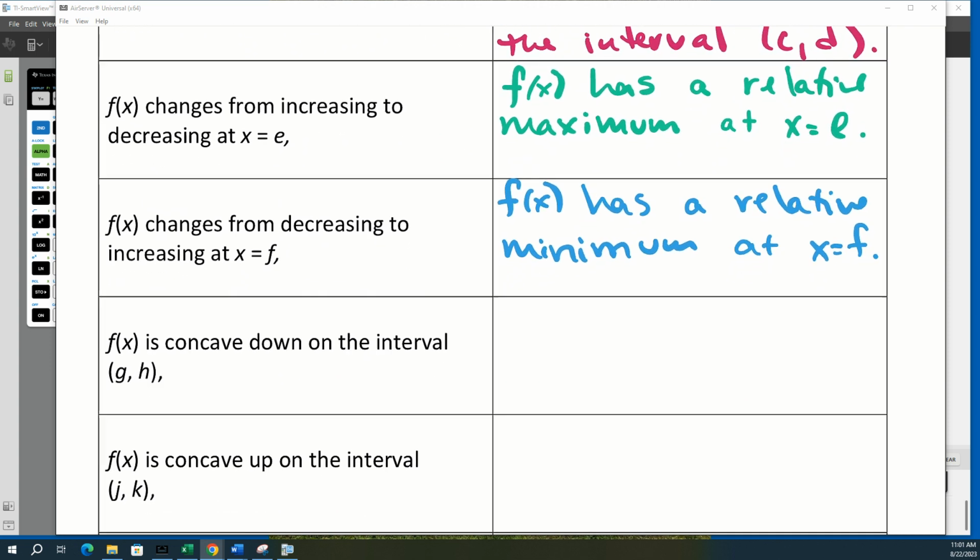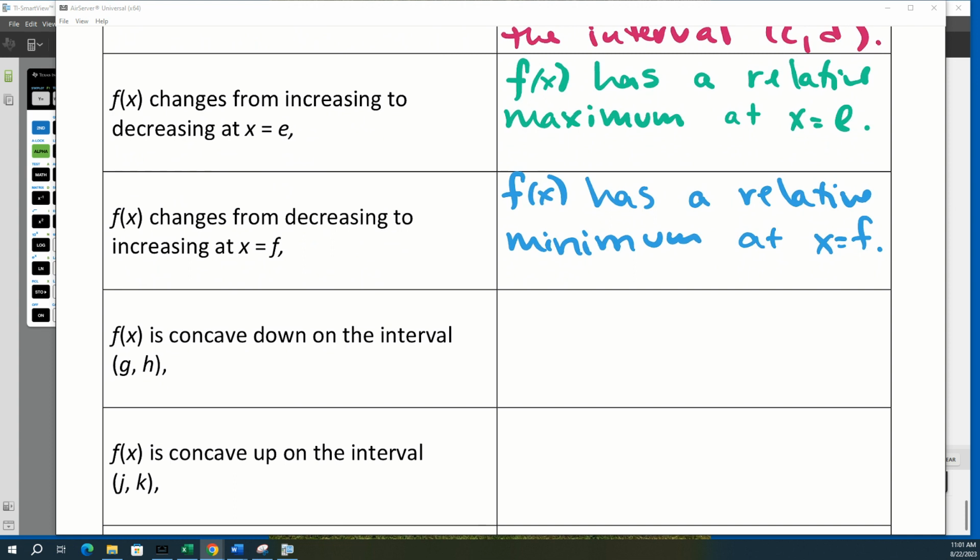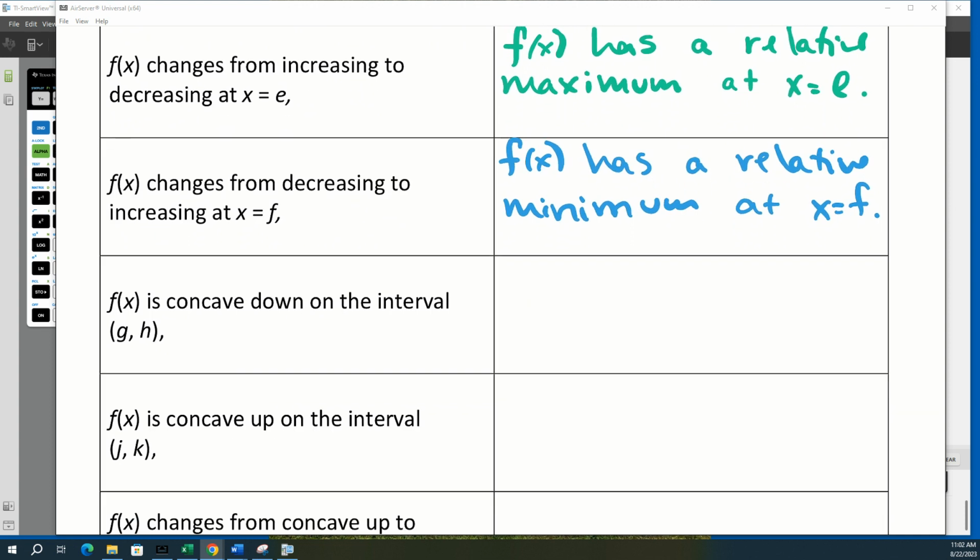All right. And then the next two are about concave up and concave down. So if we know f of x is concave down on an interval, what is that telling us about the function f? What's increasing or decreasing?